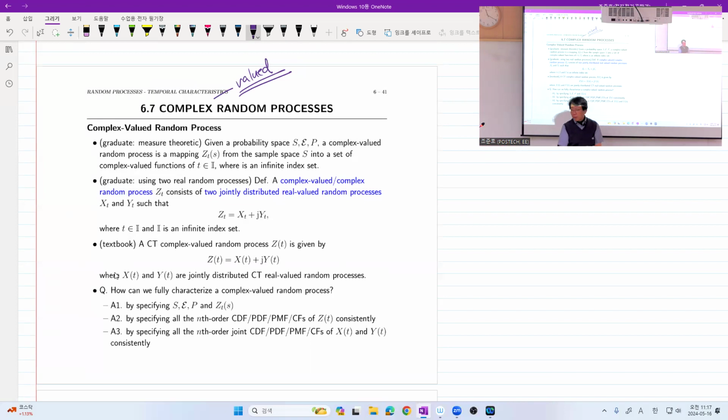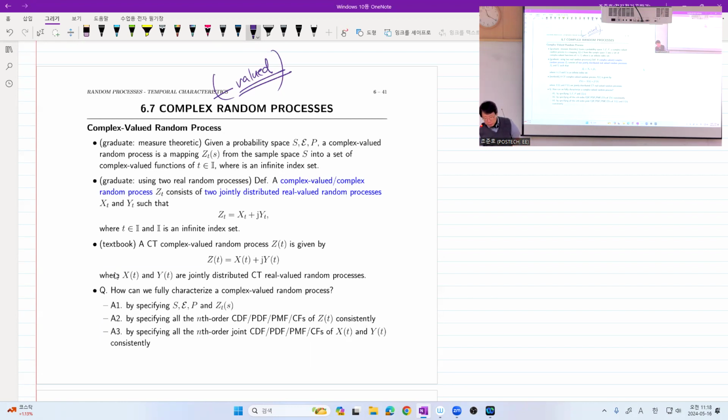For example, complex vector valued random process. They do not want to say complex valued vector valued random process. So some people just say complex random process, meaning each value at a specific time instant of a sample path is a complex number.